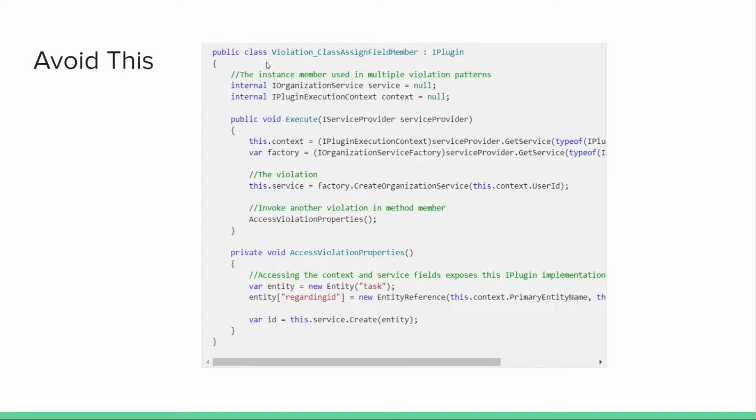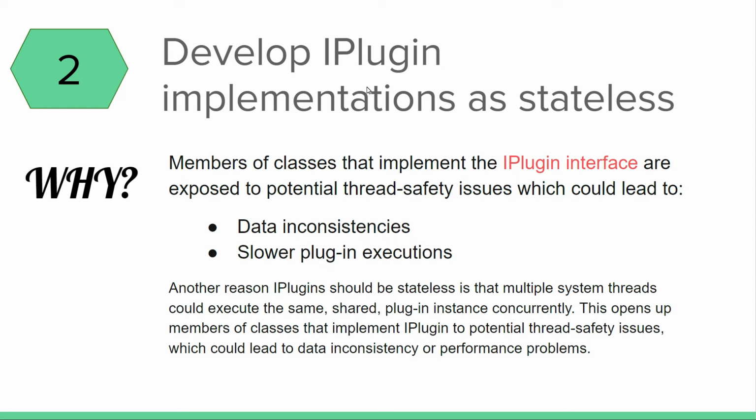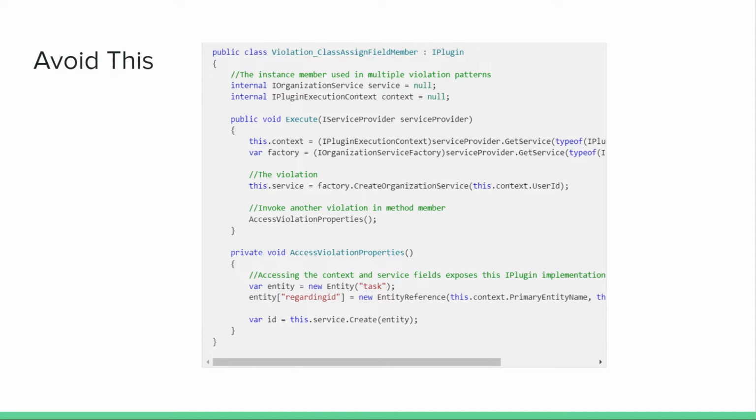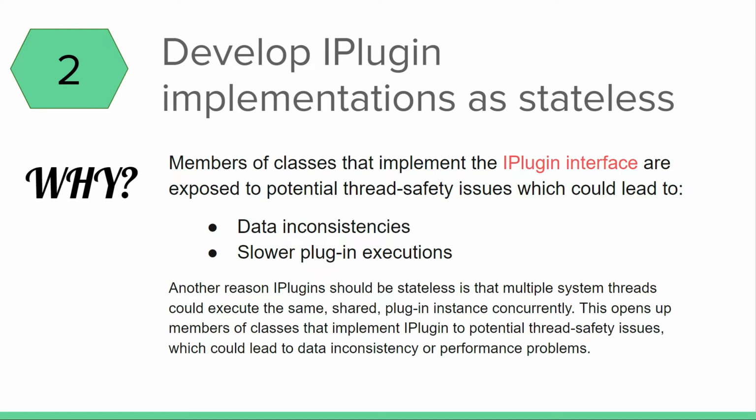Before Execute, if you have written any declaration, that means it is a class level declaration, and you should avoid this. This is a violation pattern, and it causes potential performance problems and also thread safety issues in the plugin. Understood? Second number, which is very important, including the first one.